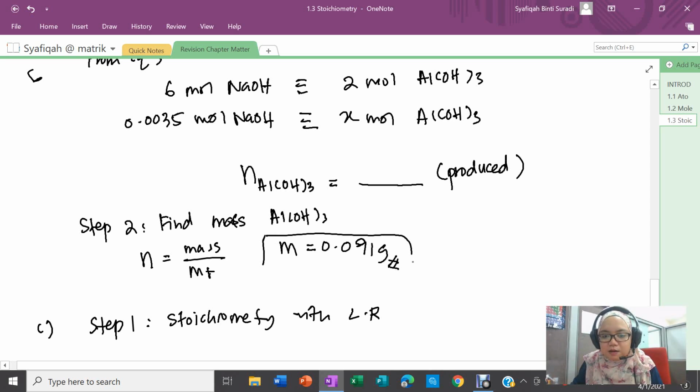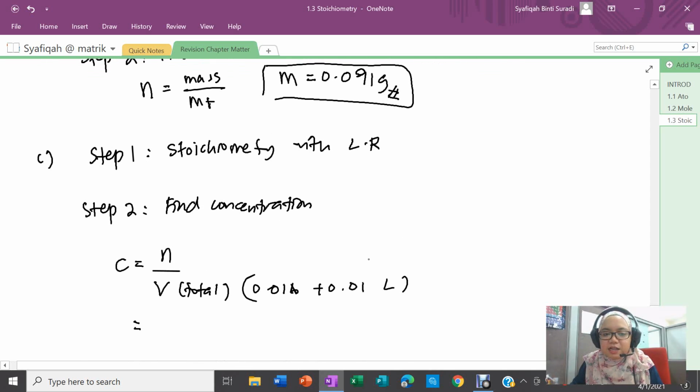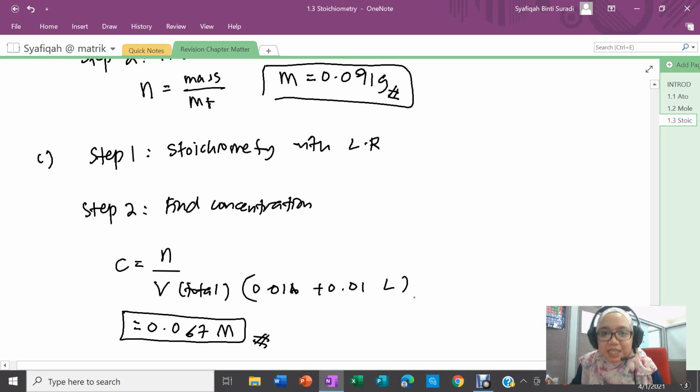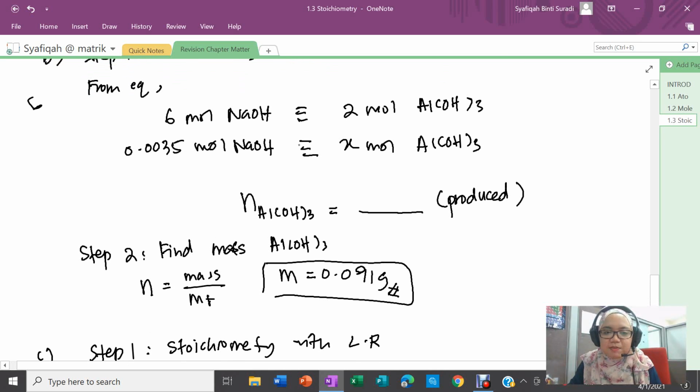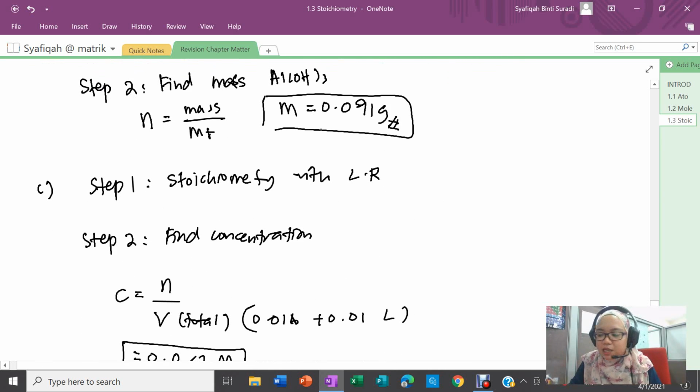Okay, final answer untuk concentration ni, you will get 0.067 molar. So, ni final answer dia. Okay. Cari sendiri. Miss dah bagi step dah. Ni step 1 macam ni buat dia. Step 2 macam ni. Miss dah bagi contoh kat sini. Yang selebihnya you buat sendiri.